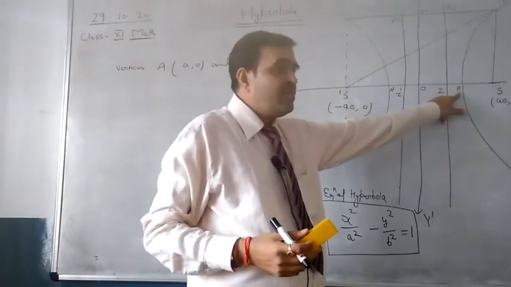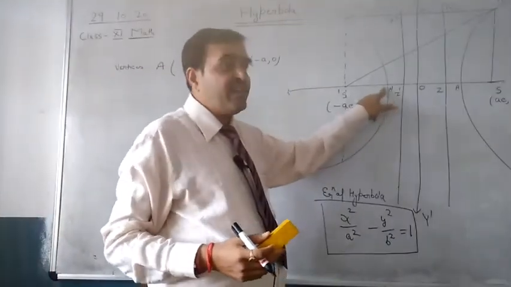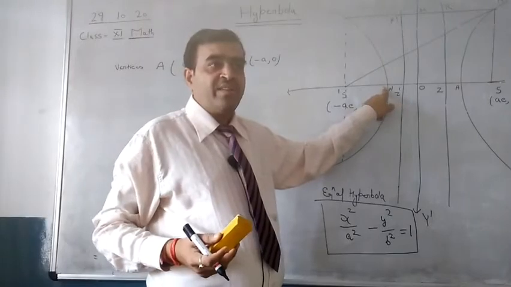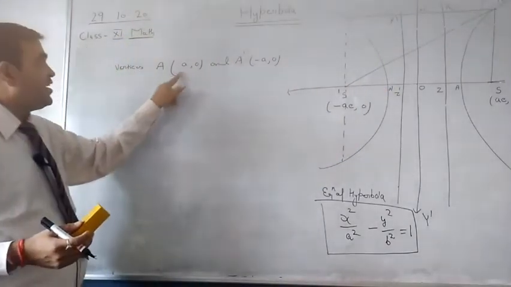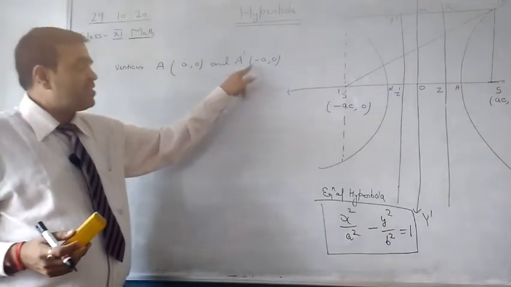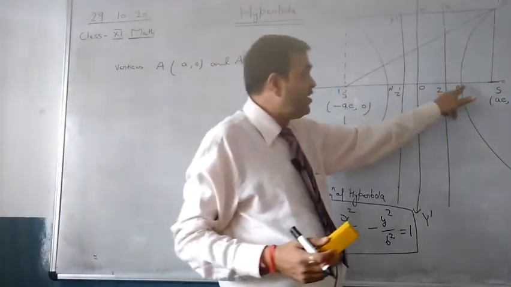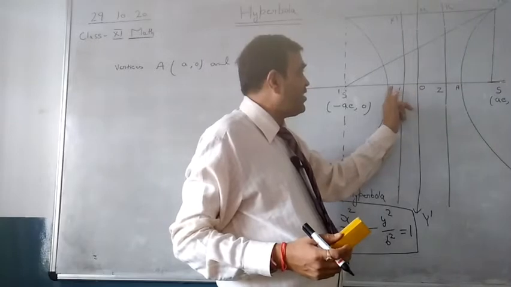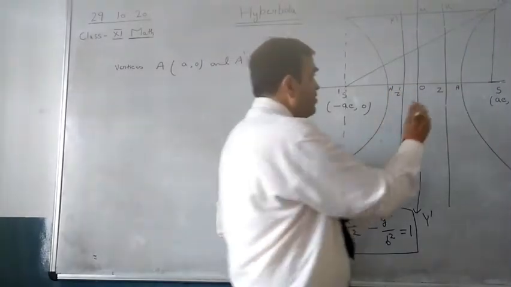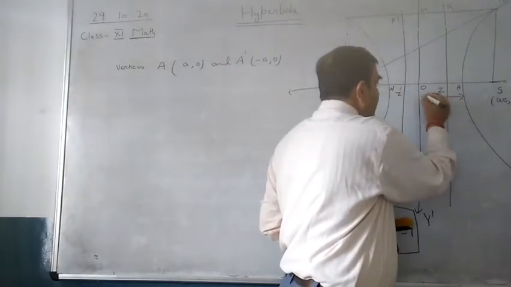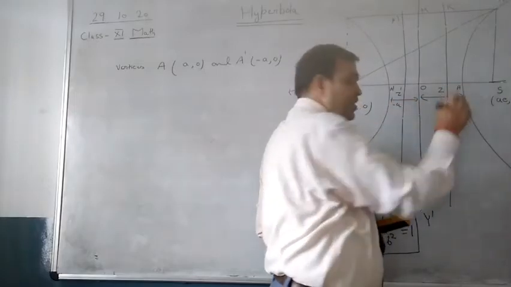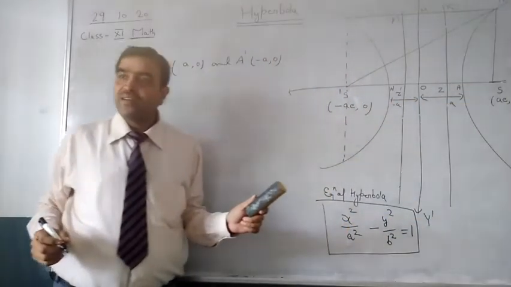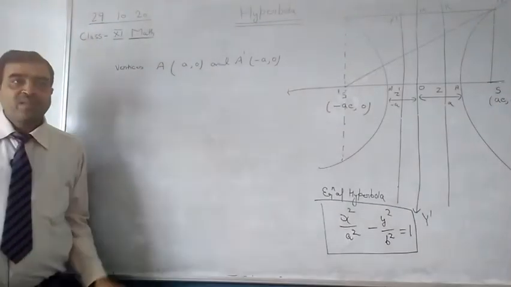This point A and this point A dash are called the vertices of the hyperbola. Its coordinates are (a, 0) and (minus a, 0), which means this distance is a and this distance is minus a. Okay, clear?